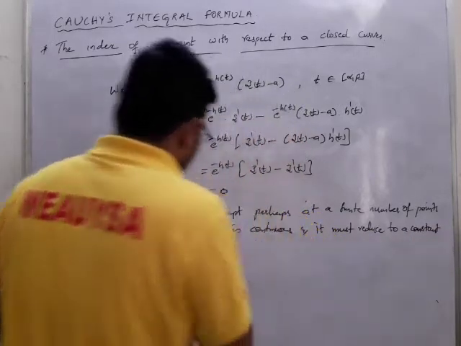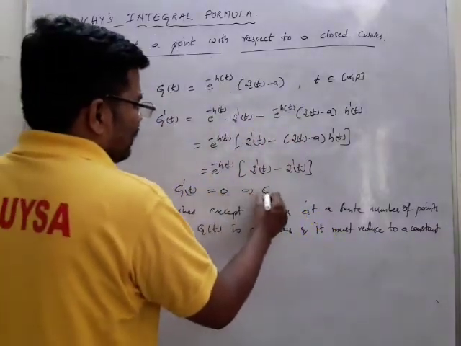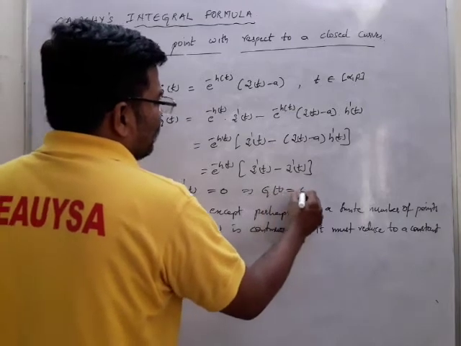It is continuous, so g dash of t is zero and g of t is equal to some constant.